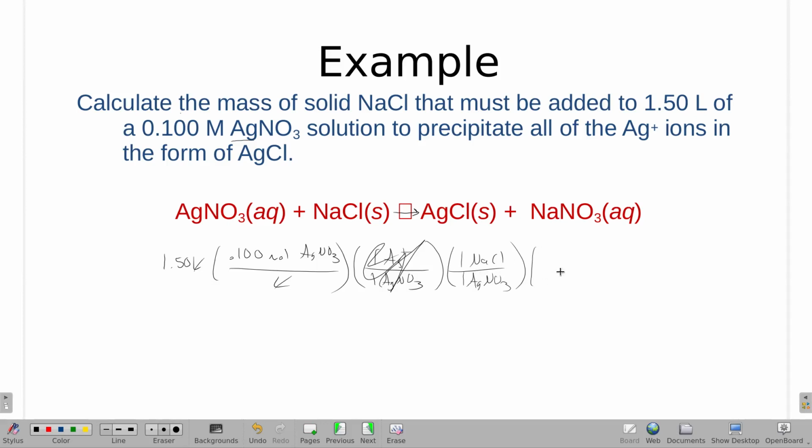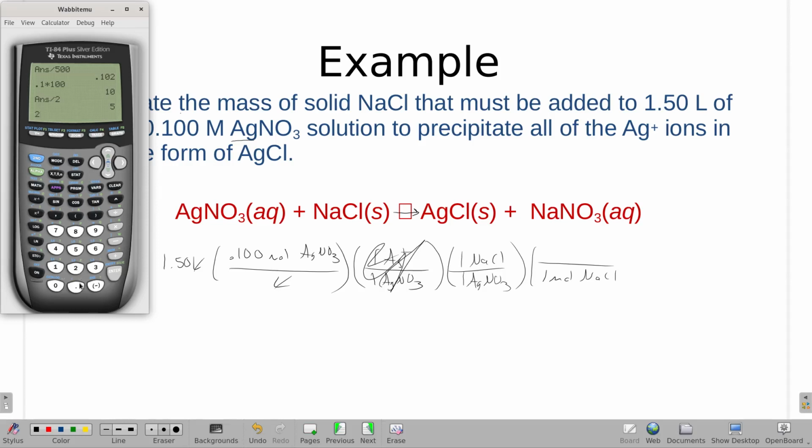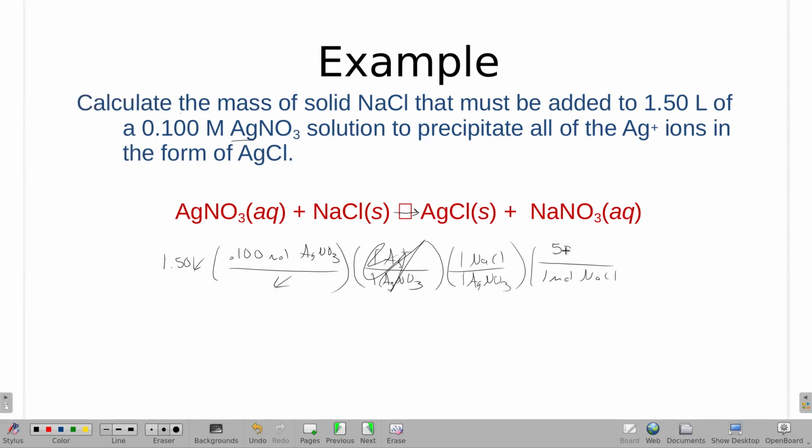Alright, and if I do know that that's the relationship between moles of silver nitrate and moles of sodium chloride, I can convert my moles of sodium chloride into a mass with the molecular weight of sodium chloride, 58.44 grams.